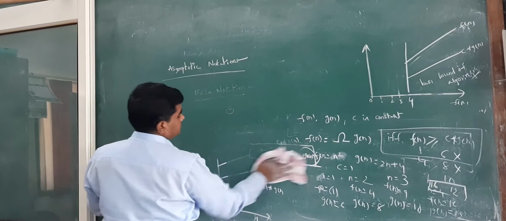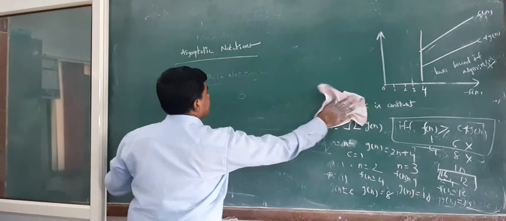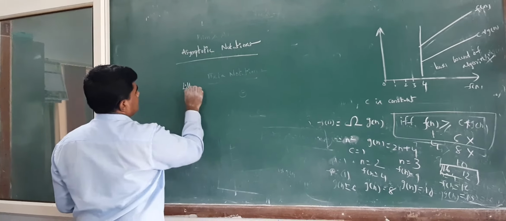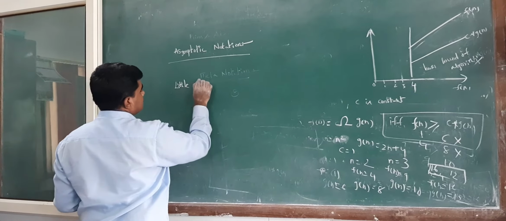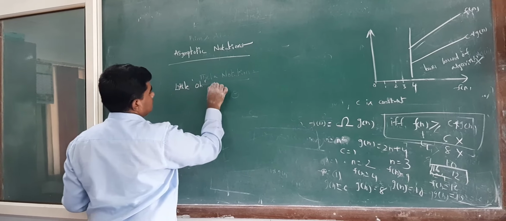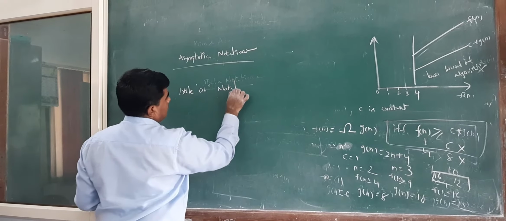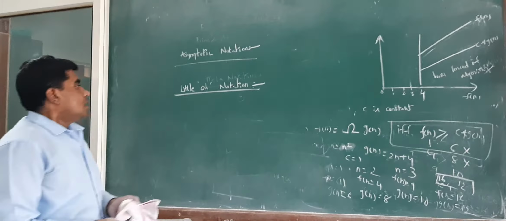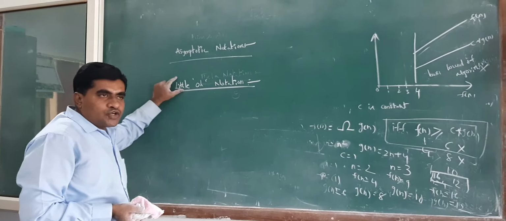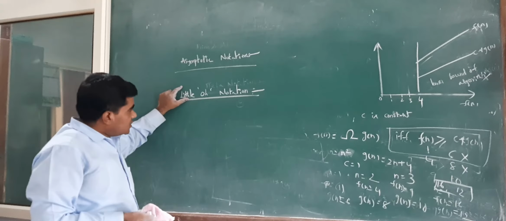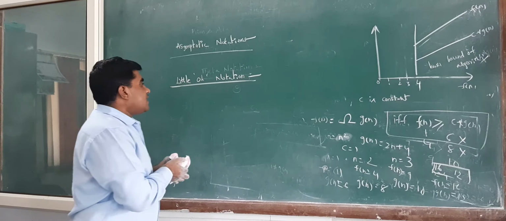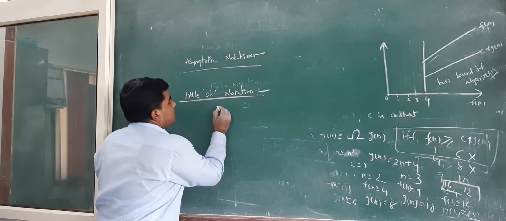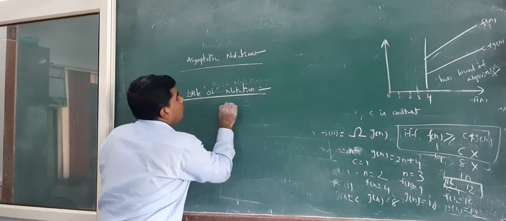Next, little o notation. Little o notation is also used to represent the worst case time complexity only, and it is represented by the symbol little o.